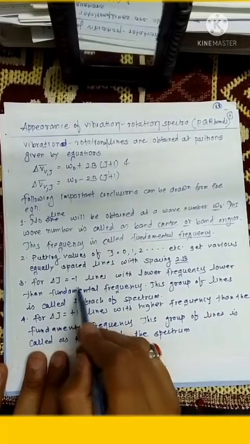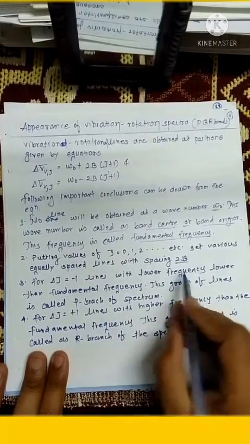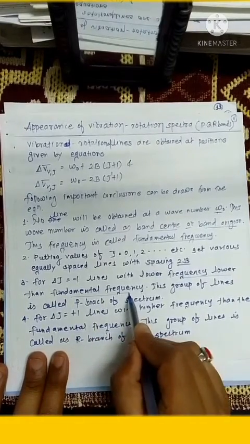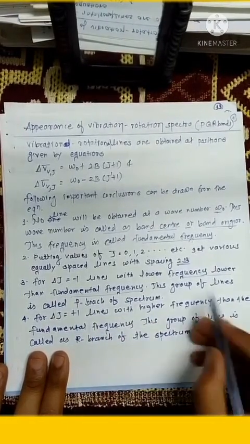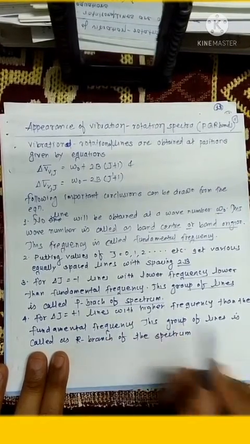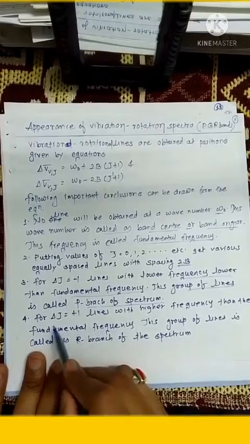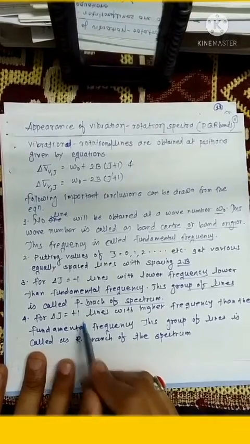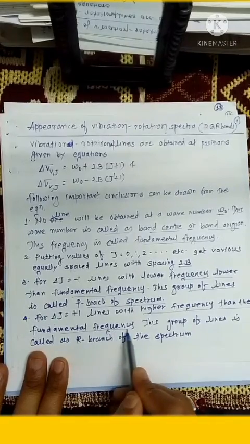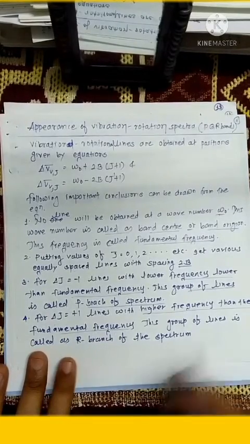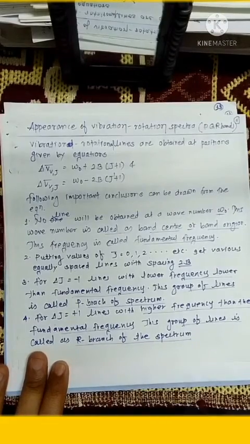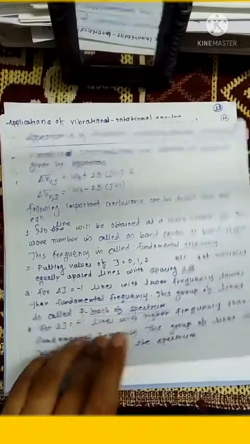For delta j is equal to minus 1, lines with a lower frequency than the fundamental frequency are observed. This group of lines is called the P branch of the spectrum. For delta j is equal to plus 1, lines with higher frequency than the fundamental frequency are obtained. This group of lines is called the R branch of the spectrum.